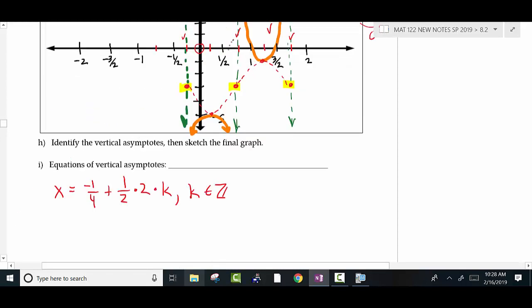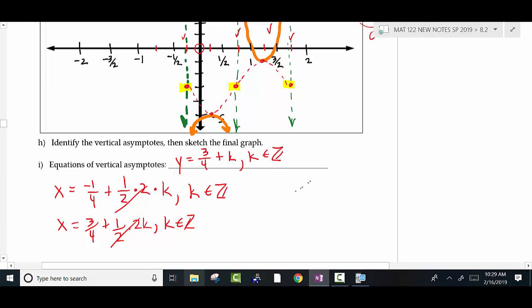Now, if you did the first positive asymptote, this is actually 1/4, 2/4, 3/4. You could also say x equals 3/4 plus 1/2 times 2k, with k being an integer. Okay, so if you did it this way, these just cross out, so you would get x equals 3/4 plus k, where k is an integer.